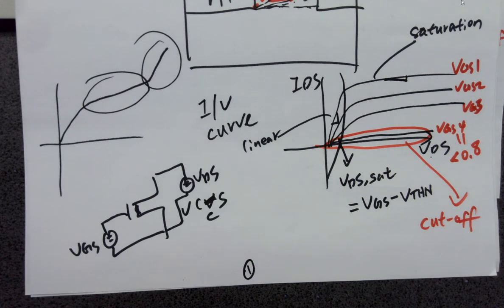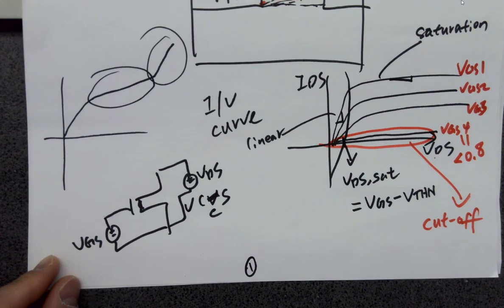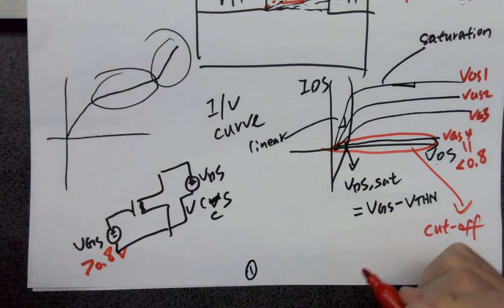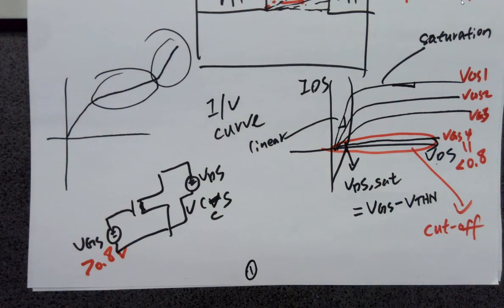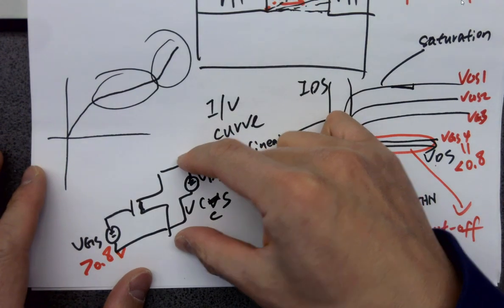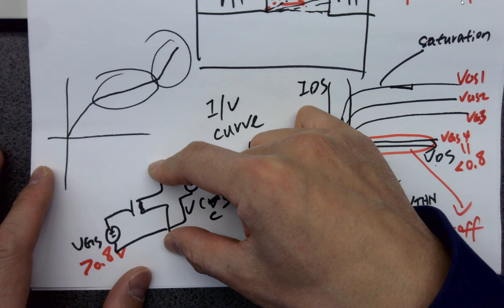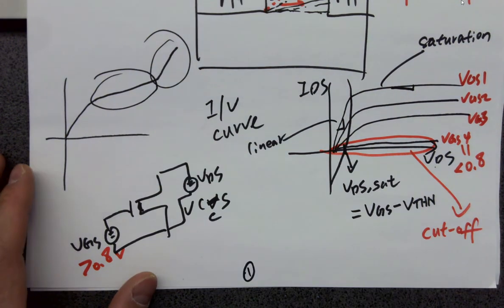That means you need VGS to be at least 0.8 volts to turn on that transistor, and then you apply a voltage across the drain and source to run current through it. That's how you operate this NMOS transistor.